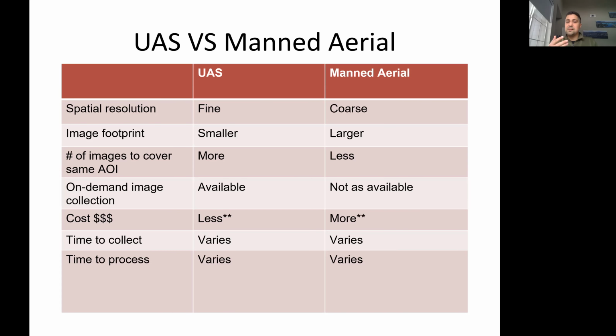And then there's other things like time of collection and processing. There are so many variables involved that you could say the UAS example processed the images faster, but there was more post-processing manpower required, right?